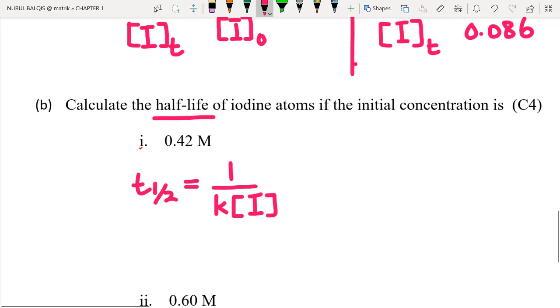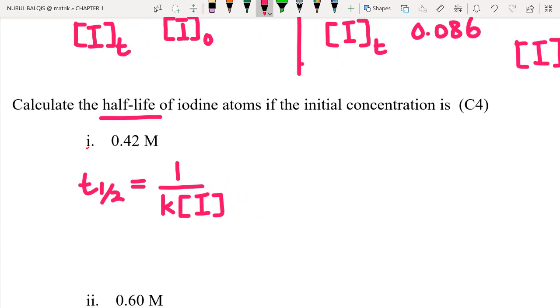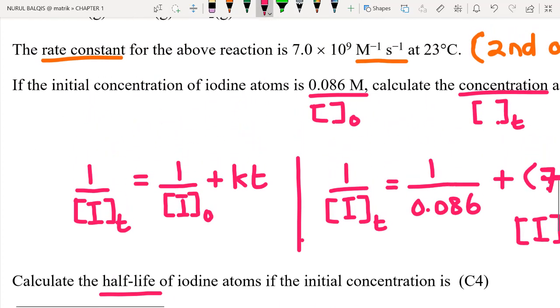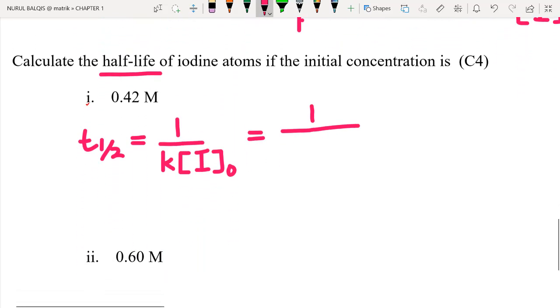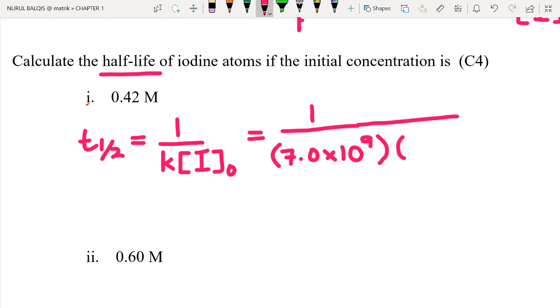Right. So we already have our initial concentration, which here is 0.42. So simply substitute the value. So 1 over k, and our k just now is 7 times 10 to the power of 9, times the concentration here, 0.42 molar.